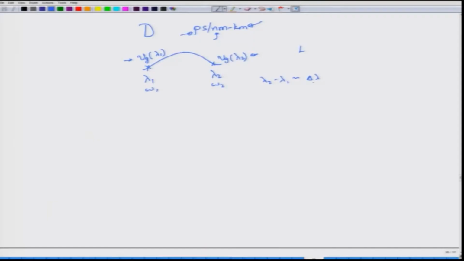This spectral width of course is because of various reasons. You have your initial laser itself having this delta lambda, or you are going to modulate the pulse, and therefore you effectively broaden the pulse width, that will have a certain delta lambda.